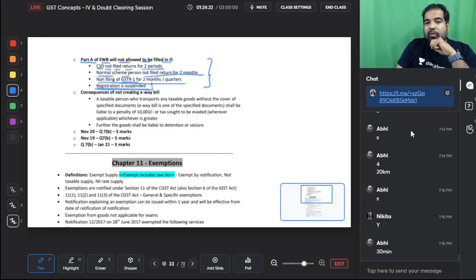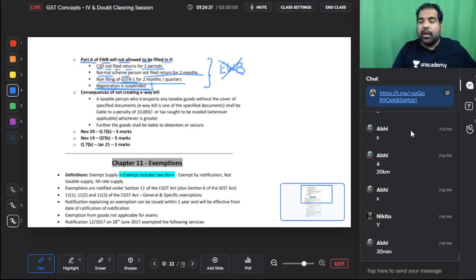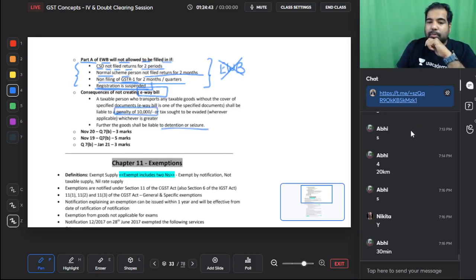These are reasons where your e-way bill cannot be generated. If your e-way bill cannot be generated, then how will you make supplies? So that is a punishment for doing something like this. And guys, if you send the truck without the e-way bill, and if it's caught, then the goods can be detained and you can be penalized with a fine up to 10,000 rupees.